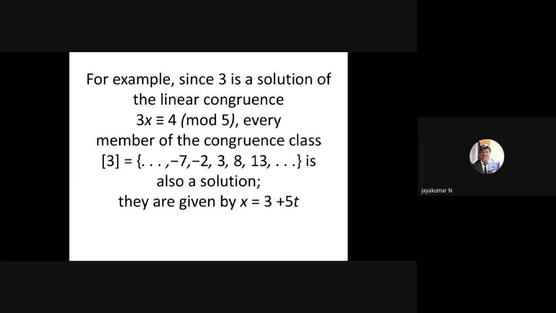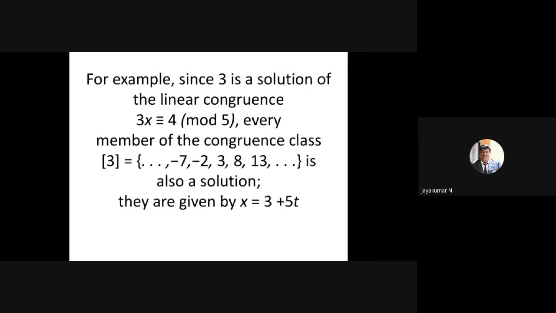So we are going to collect the solutions under mod 5, that is congruence class 3. Congruence class 3 equals -7, -2, 3, 8, 13, and so on. So the congruence class 3 is the solution for the linear congruence 3x congruent to 4 mod 5.